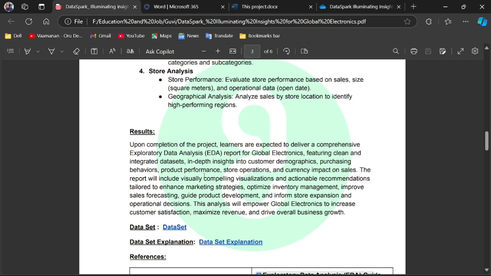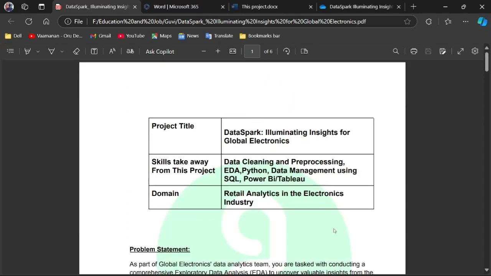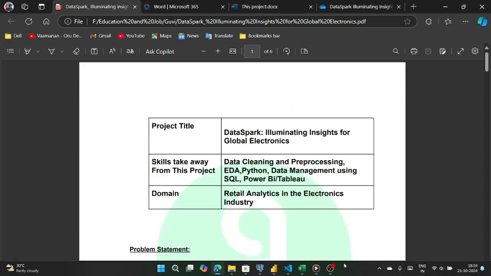The sales report will include visually compelling visualizations and recommendations tailored to enhance marketing strategies, optimize inventory, and improve sales forecasting. This will empower increased customer satisfaction and maximize overall business growth. This is what they want, the actionable recommendation based on this project from Global Electronics. Okay, thank you.